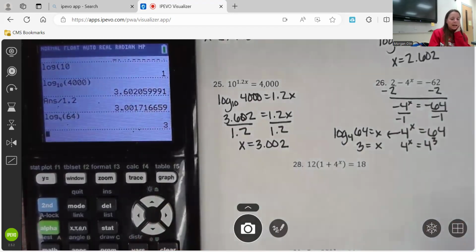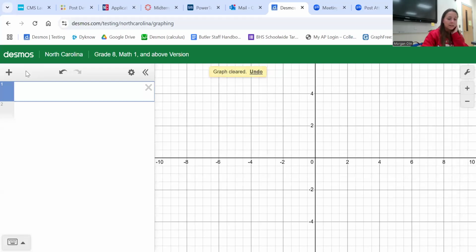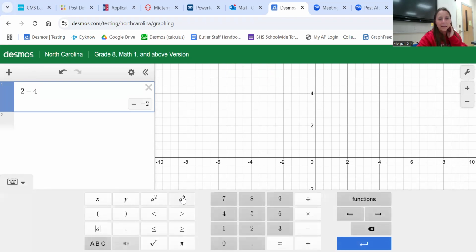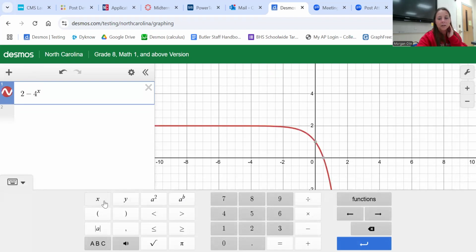Okay. Now, again, you can take this and you can plug the entire equation into Desmos right here. You can say 2 minus 4 and then raised to the x. You do this a to the b and then x right here. And then press enter. And then y equals negative 62.